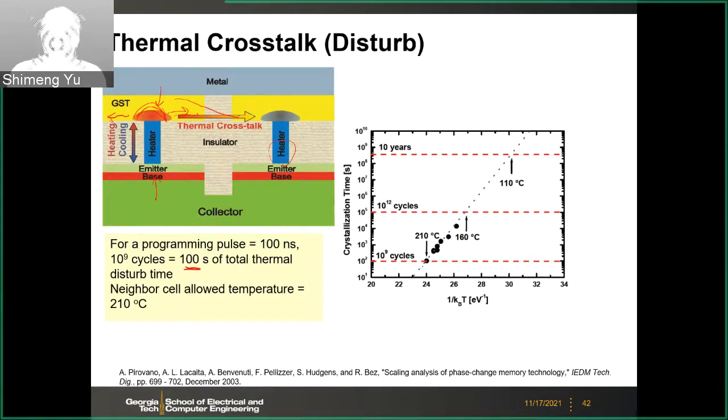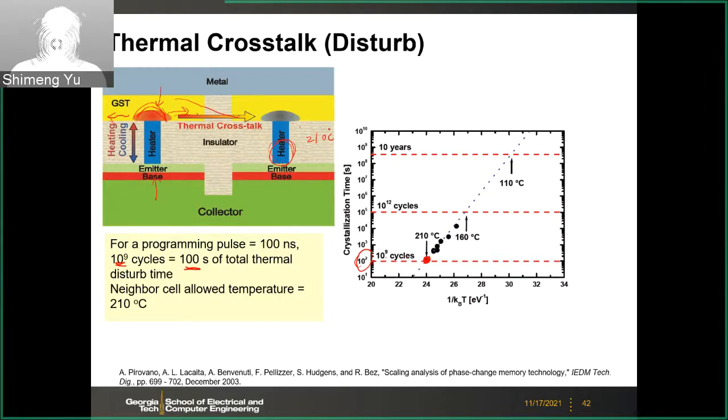So 100 seconds is 10 to the power 9 cycles. And then if the other cell sees, say, 210 degrees C temperature, the other cell will spontaneously crystallize, even if we initially start with the amorphous state.